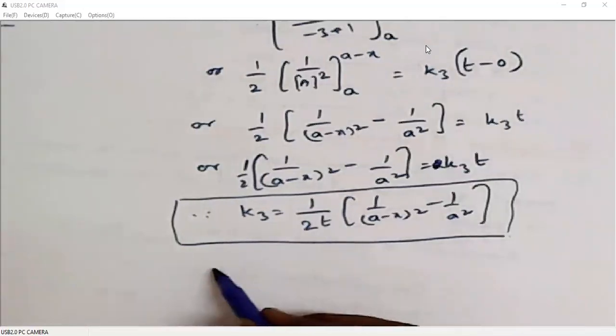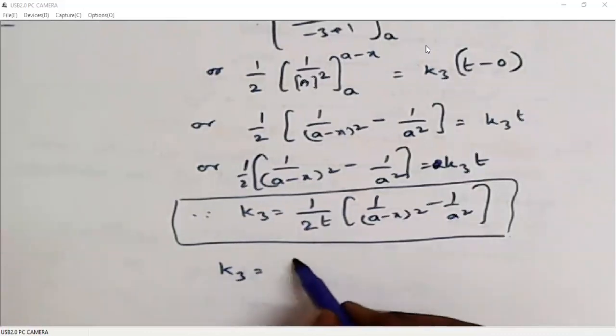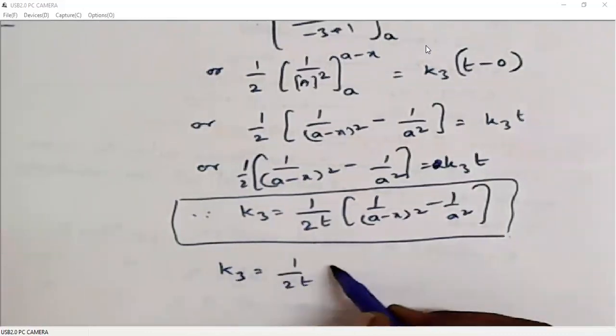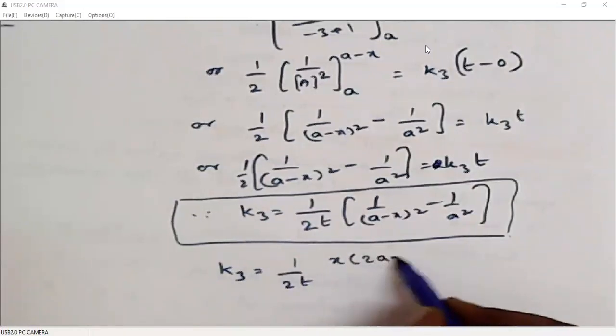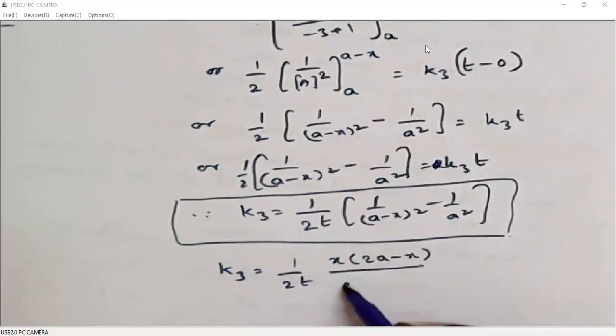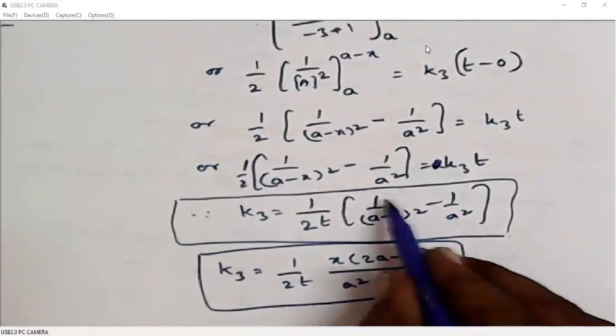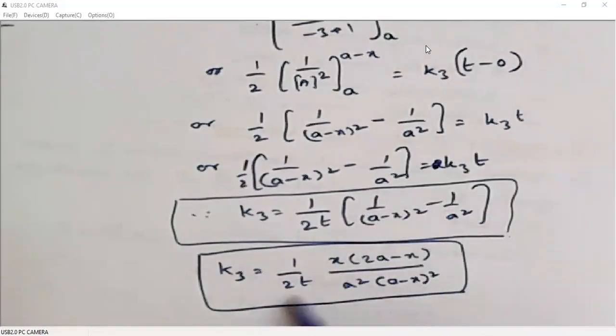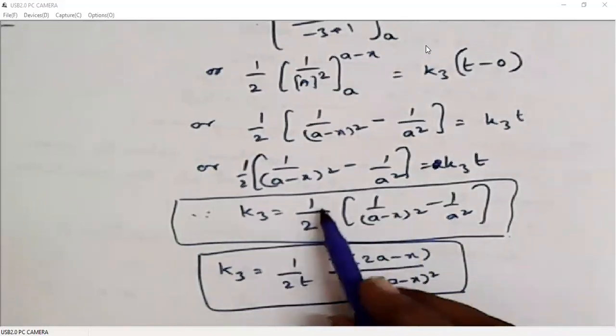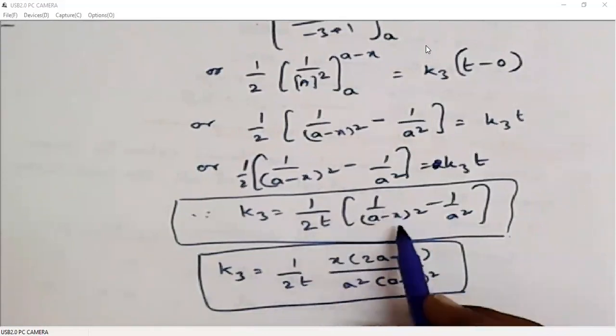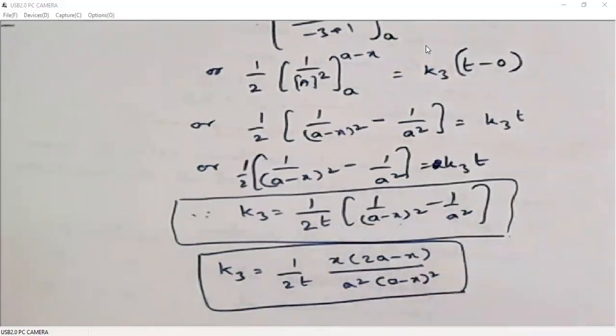We can simplify it further. K3 is equal to 1 by 2t into x into 2A minus x by A square into A minus x whole square. When we take LCM and simplify it, it becomes like this. Or we can simply remember this: K3 is equal to 1 by 2t into 1 by A minus x whole square minus 1 by A square.